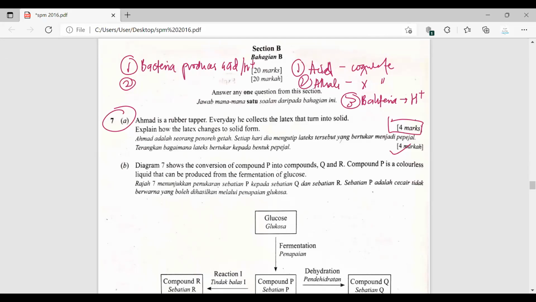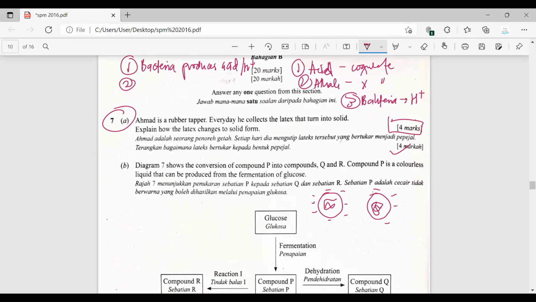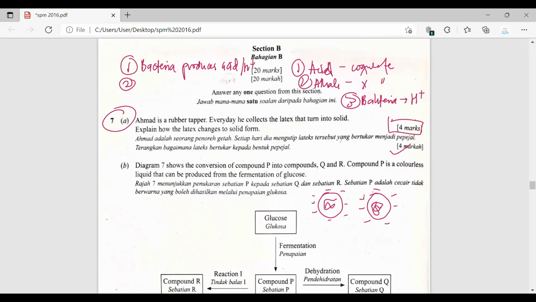Now at the end of the day, you must remember, what does this acid do? I have got my protein membrane. And all inside my protein membrane is my rubber polymer. Around it is my negative charges. So what do you think these hydrogen ions go and do?